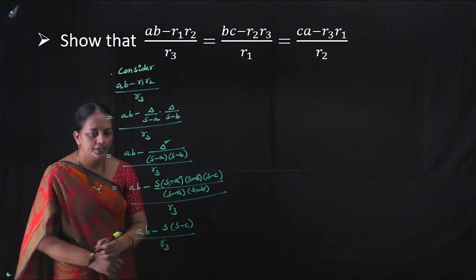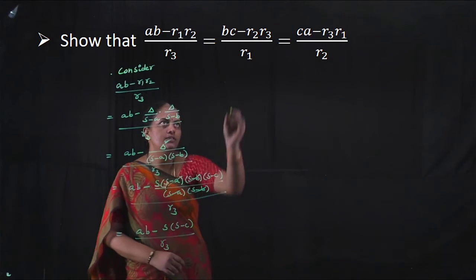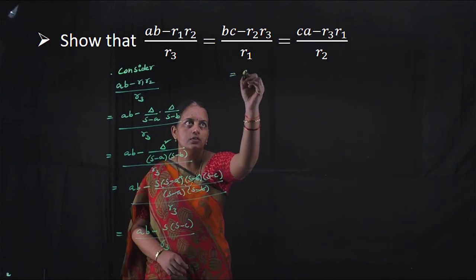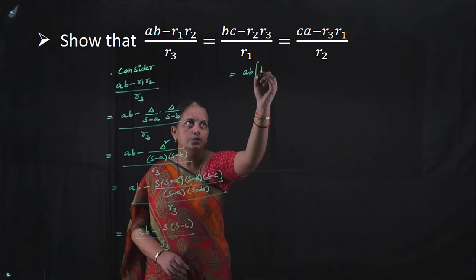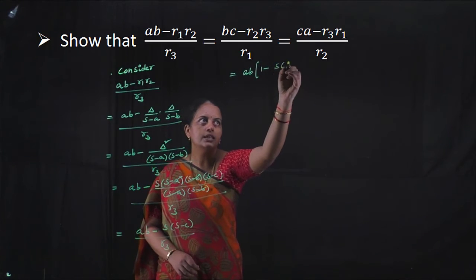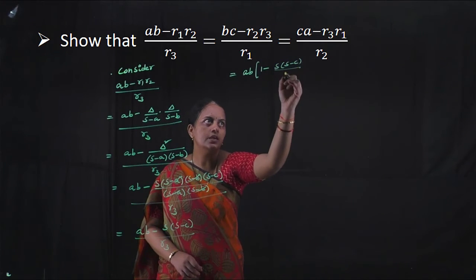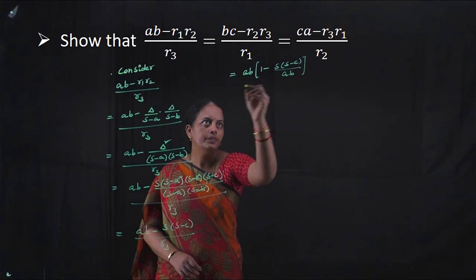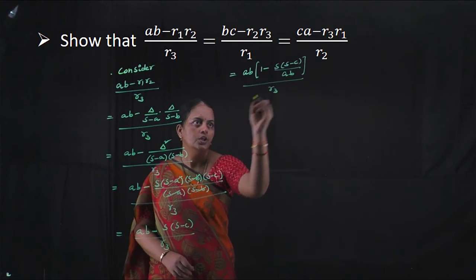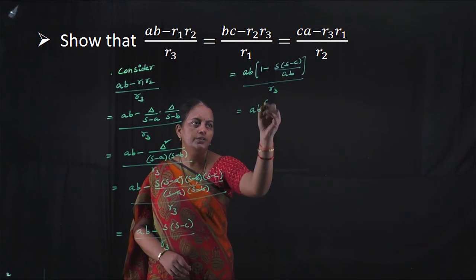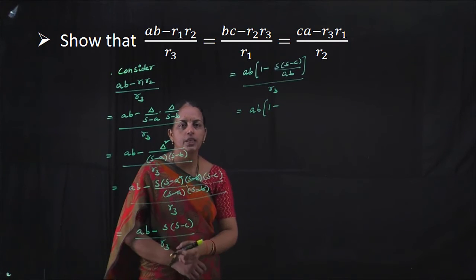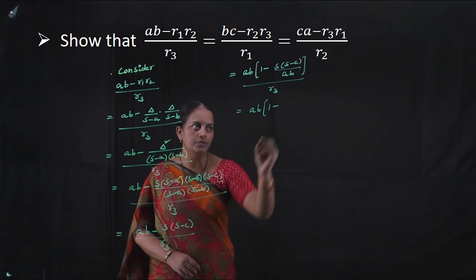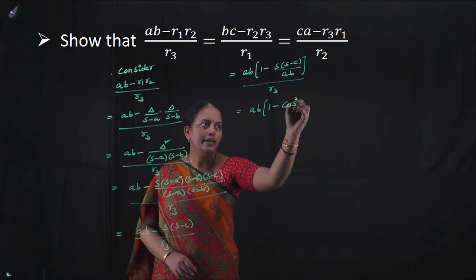In the numerator, I can take AB as common. So this is equal to AB into 1 minus S into S minus C by AB by R3, which is equal to AB into 1 minus, we know that S into S minus C by AB means cos square C by 2.